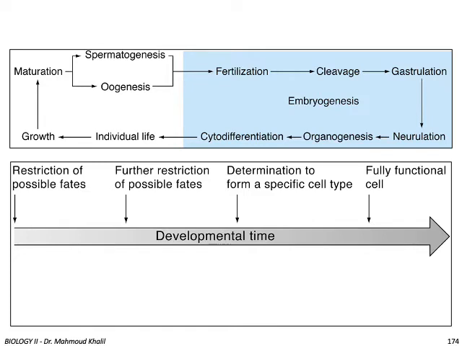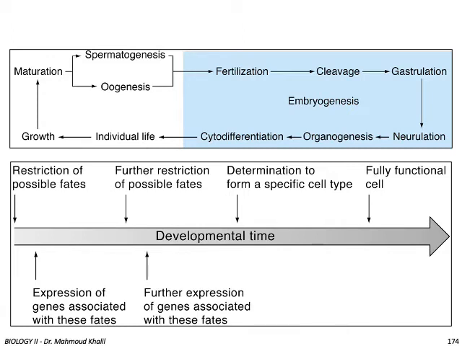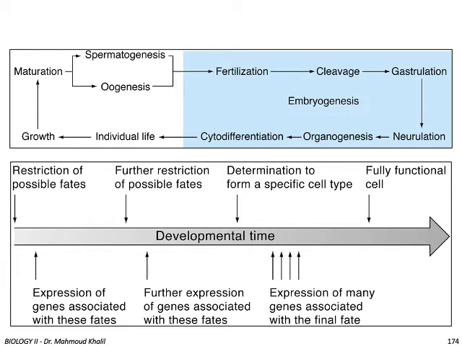This restriction and determination is controlled molecularly by the expression of genes associated with these fates that have been restricted, then expression of other genes associated with these fates, then expression of many genes associated with the final fate, and then the fully functional cell will be differentiated.